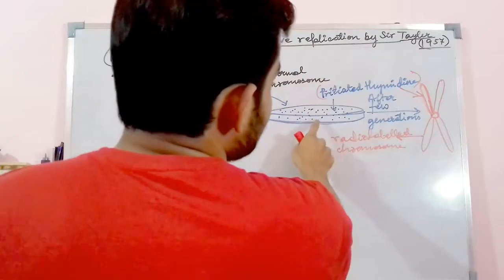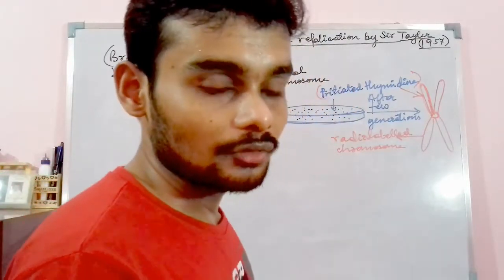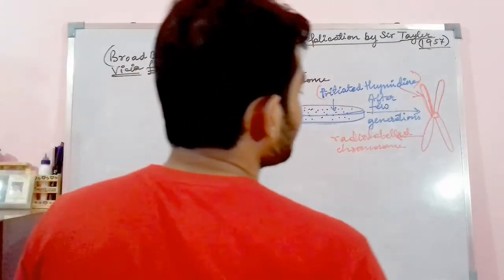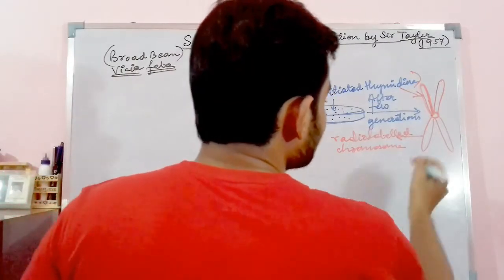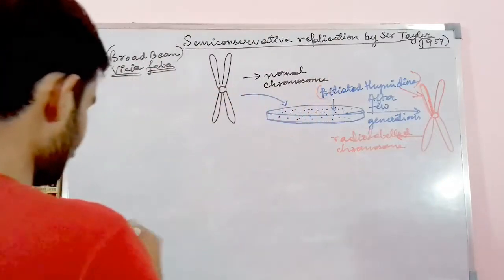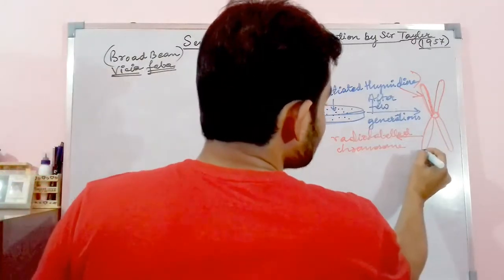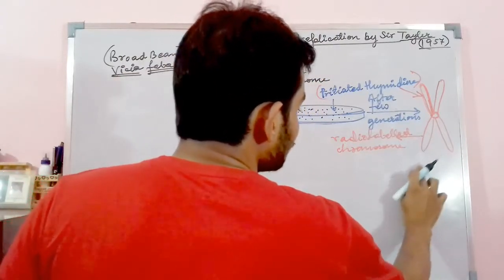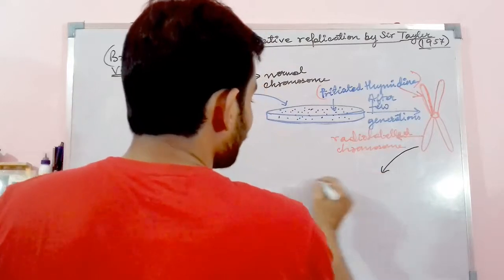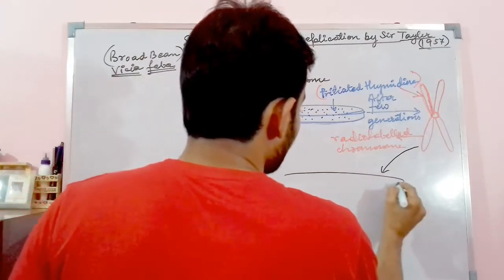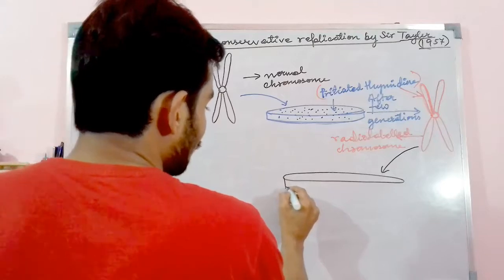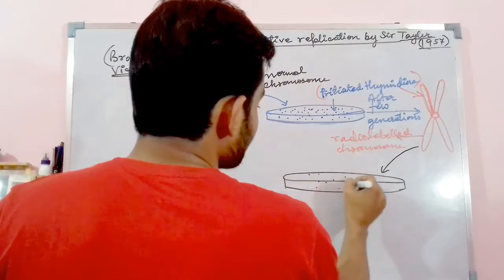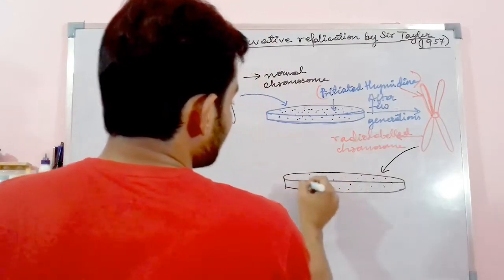Now he replaced this tritiated thymidine medium with a non-radioactive medium. In the non-radioactive medium, what happened? He subjected this same chromosome to a non-radioactive medium which did not have tritiated thymidine.